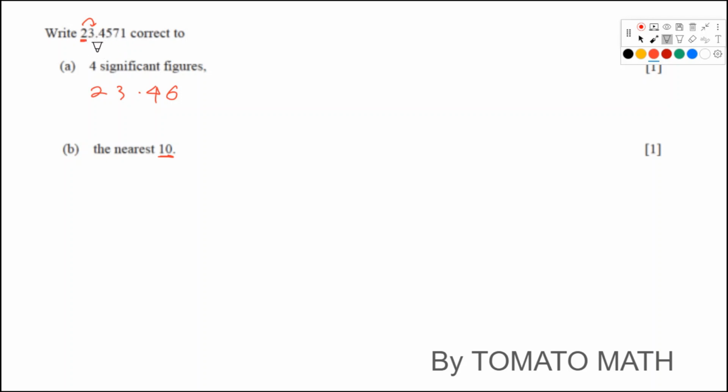Since 3 is less than 5, we will replace it with 0. So it will be 20. You don't have to write the decimal and 0 again. So this is the answer. To the nearest 10 means the number that is in the tens value. So this is ones, this is tens, and you will see the number on the right of it.